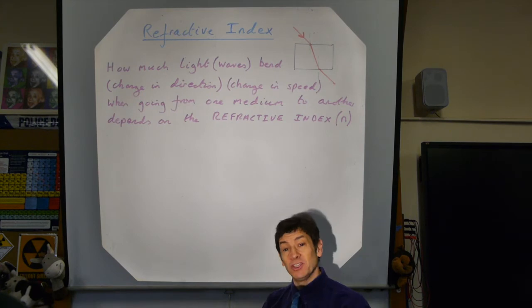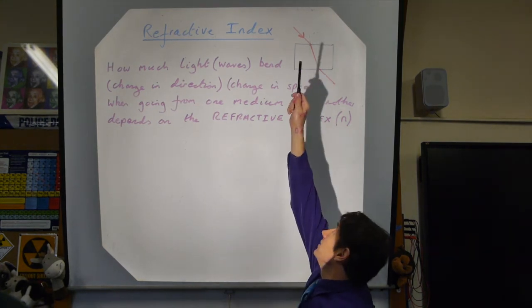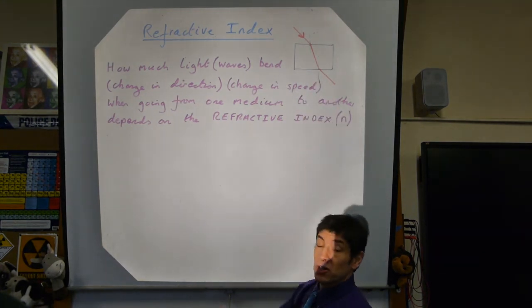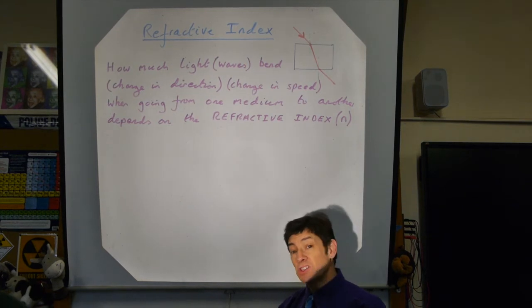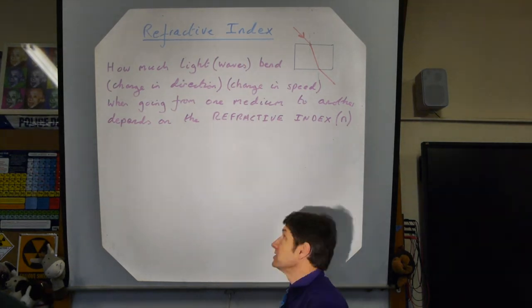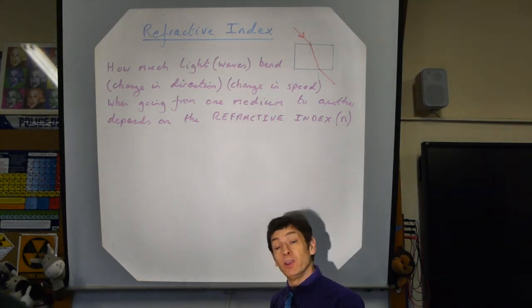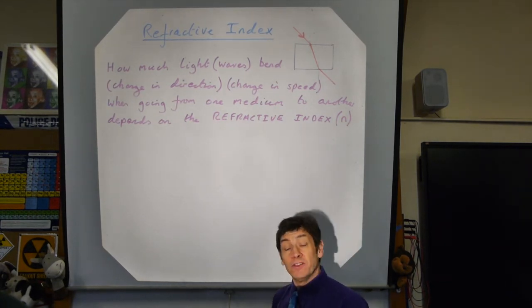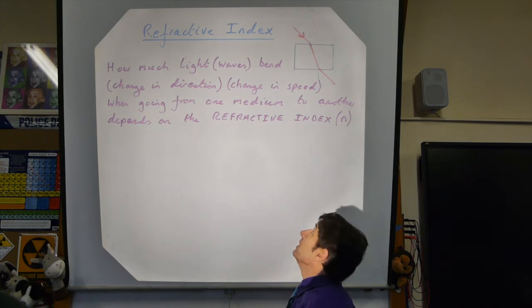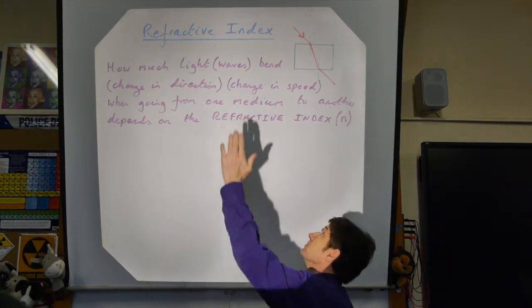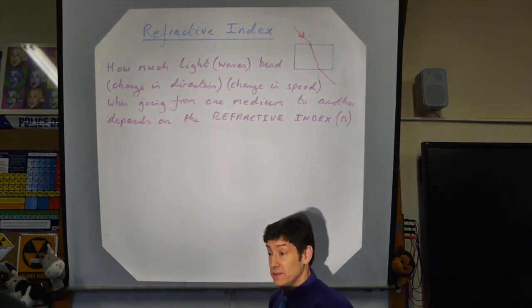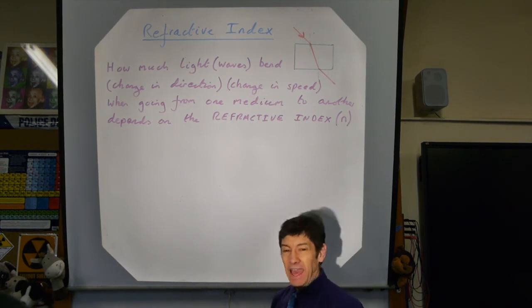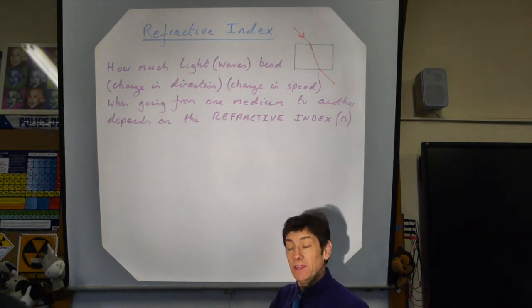Now, in most situations, we consider the medium on the outside to be optically undense. In other words, it doesn't slow down light much. Air, we consider to have the same properties as a vacuum. In other words, we consider the light to be coming in at approximately the speed of light in a vacuum.